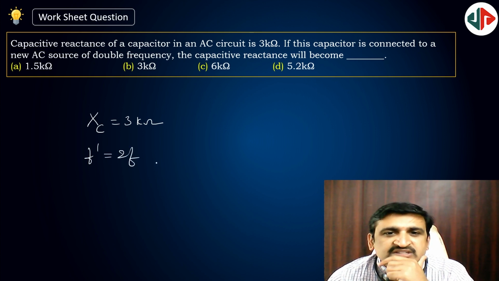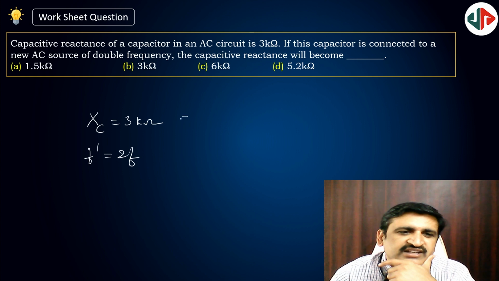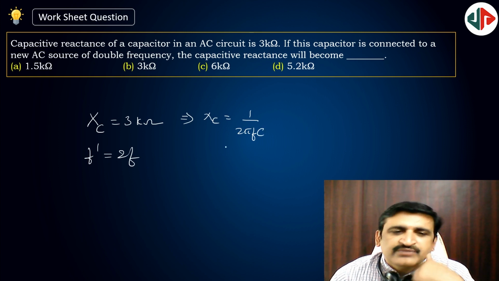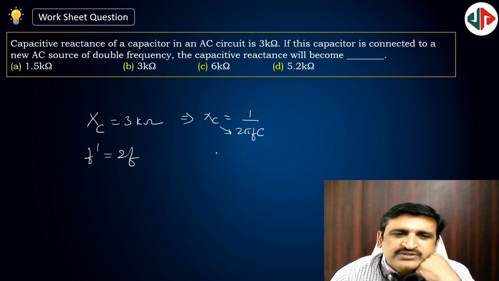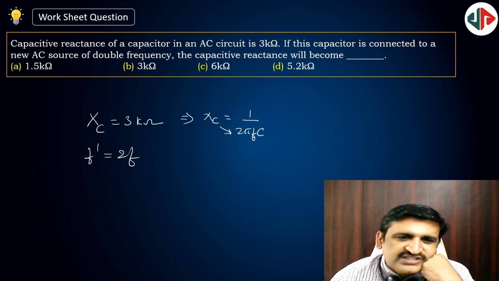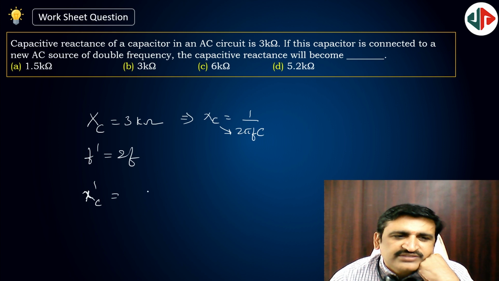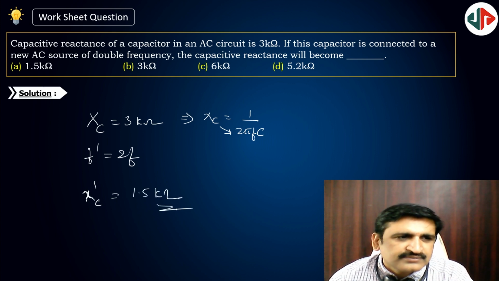The capacitive reactance formula is XC is equal to 1 by 2 pi FC, so XC is inversely proportional to F. If F is doubled, it will be halved. So directly one can tell X dash is equal to 1.5 kilo ohm. So the option is A. Next.